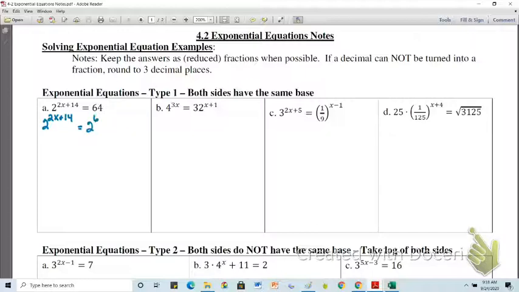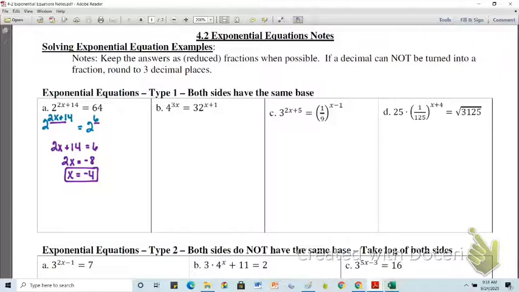Since the bases are equal, I can now set my exponents equal. So I'm going to say 2x plus 14 equals 6. Subtract 14 from both sides and divide by 2. The answer is x equals 4.